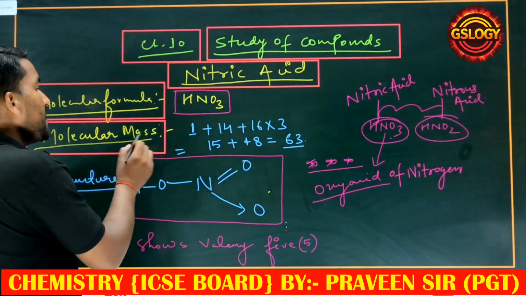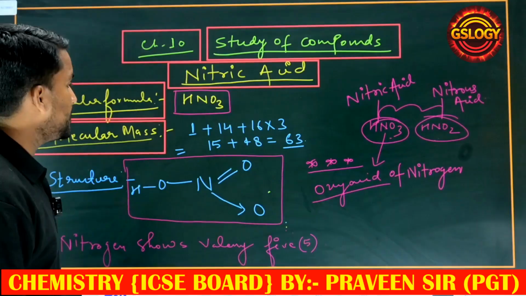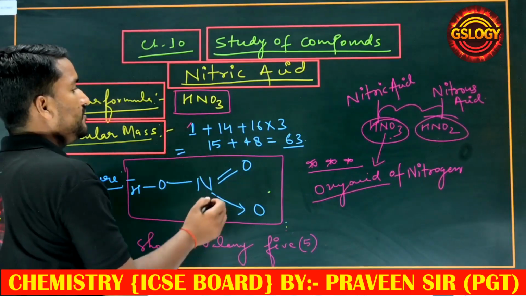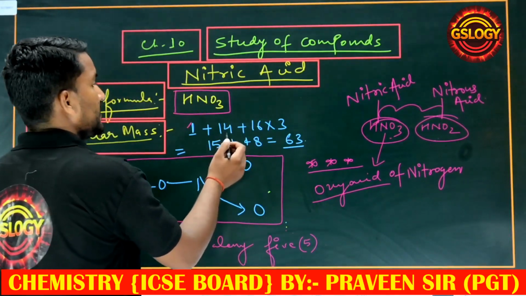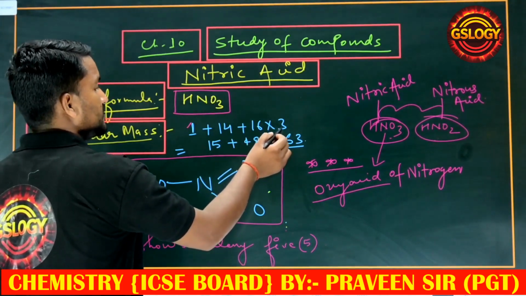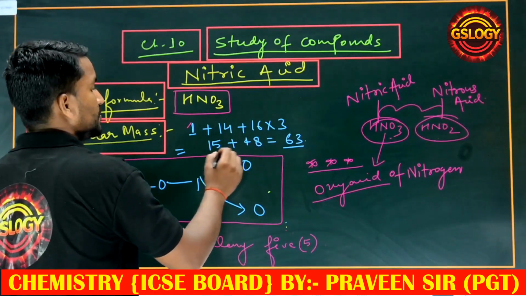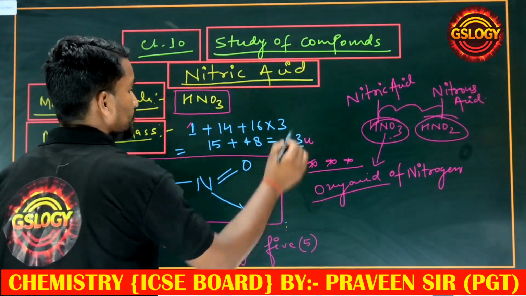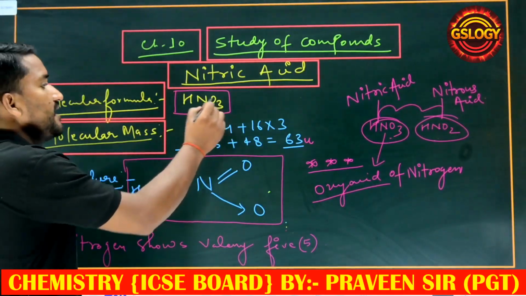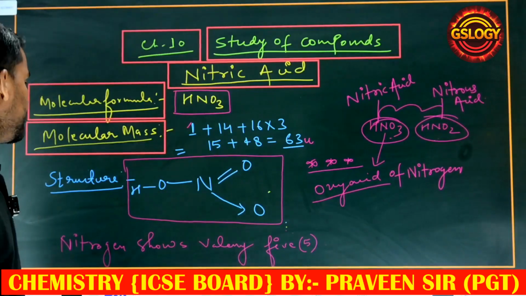And the molecular mass of nitric acid: atomic mass of hydrogen 1, nitrogen 14, and oxygen 16 into 3 is 48, and the total is 63 u. The molecular mass of nitric acid is 63 u.